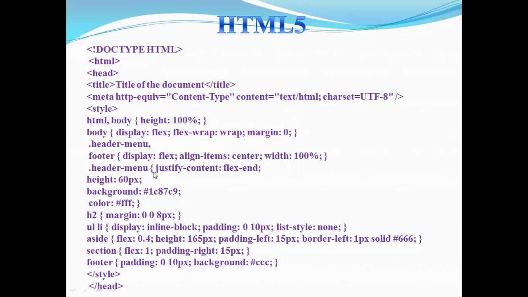Similarly, in the header menu you want to justify the content. So justify-content as flex-end, and what is the height of that information? 60px you have to represent. So the size is 60px, and the background color you want to specify.